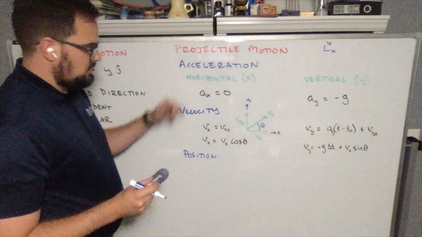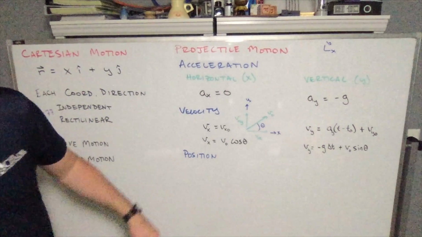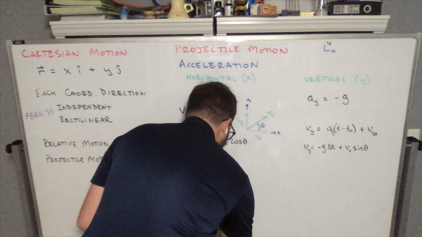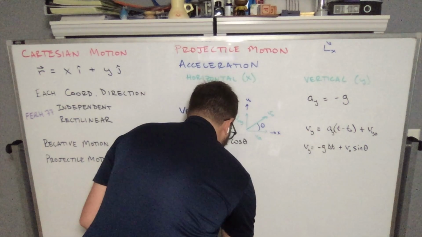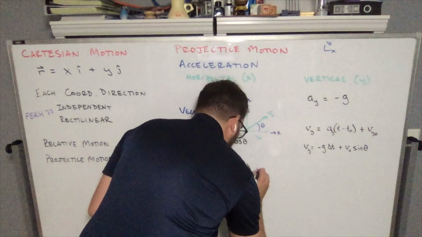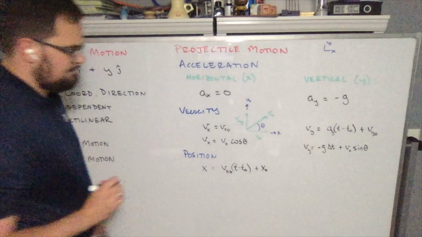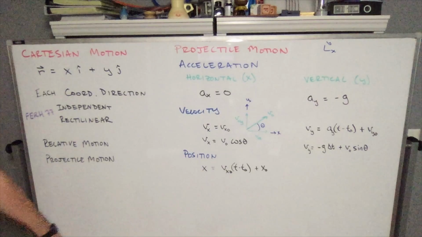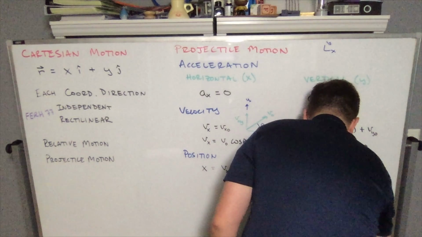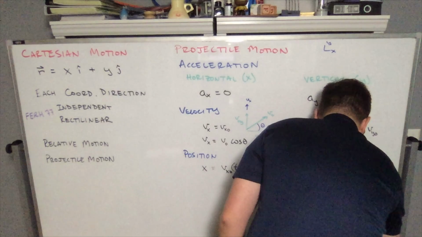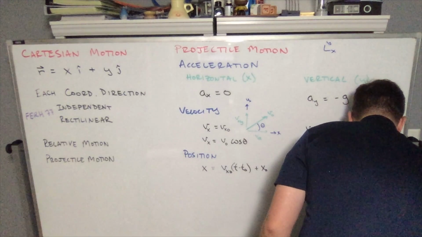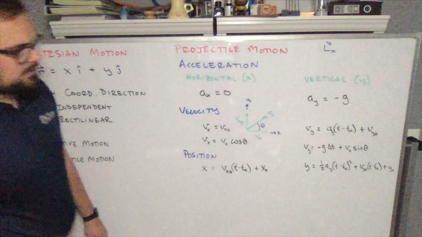We know that when acceleration is equal to 0, the position, some location x, is going to be equal to Vx naught times (t minus t naught) plus the initial x position, like so, and our y location is going to be equal to 1/2 ay (t minus t naught) squared plus Vy naught (t minus t naught) plus y naught, like so.